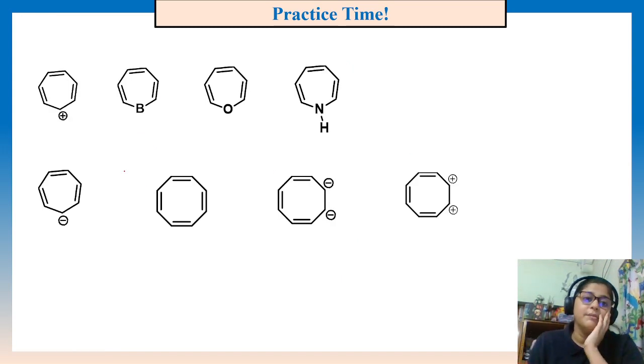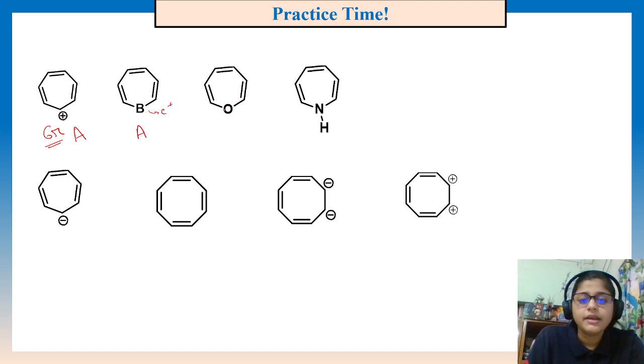Now coming to the more complex structures. Here 1, 2, 3, 3 pi, so 6 pi, all are conjugated, sp2, planar, all the criteria are fulfilled, aromatic. Here we are considering it as a C plus, so it will be aromatic like this. Here, only one lone pair will participate, so 1, 2, 3, 4, 5, 6, 7, 8, 8 pi.